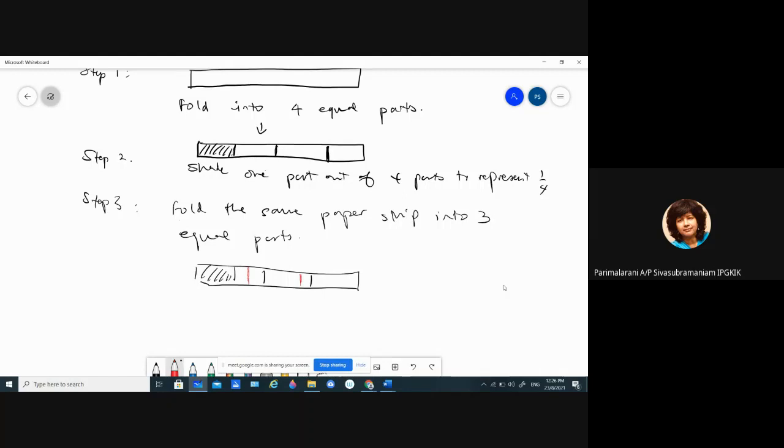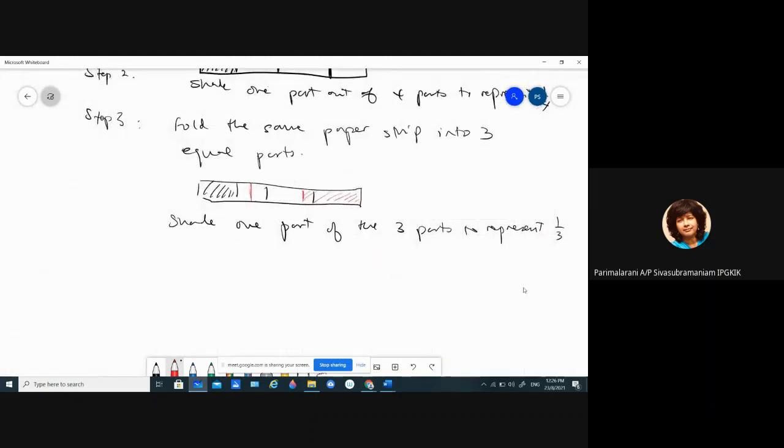Now you want to shade 1 part of the 3 parts to represent 1/3. But this time you shade from the other end. So you have shaded 1 part, and you have shaded 1/3.